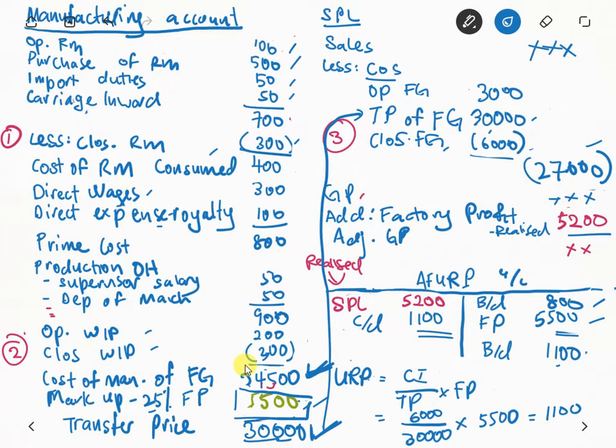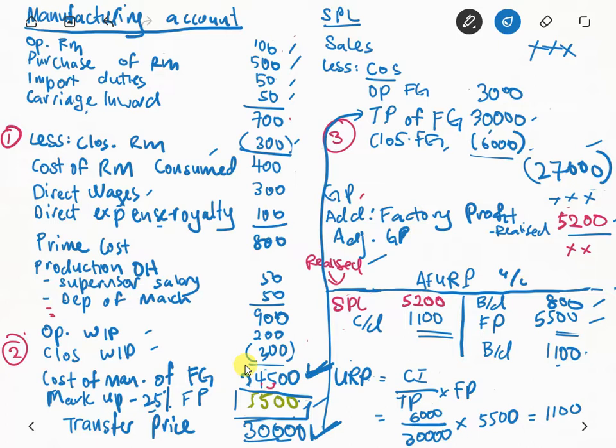Of the profit included, 20% is unrealized, and you bring up the balance as realized. What do you do with this realized profit? We add it to gross profit. Is it okay? Realized profit in the SPL, we add to gross profit.